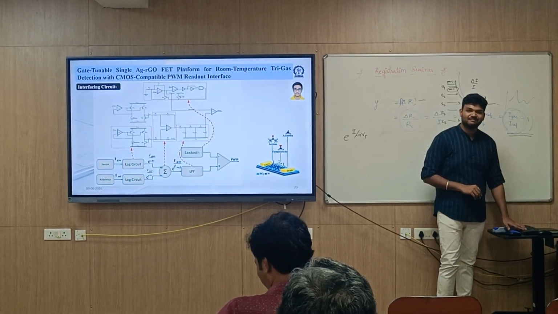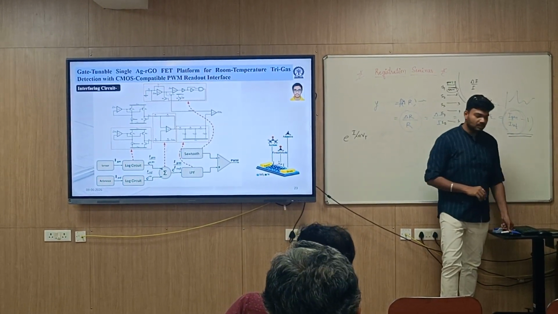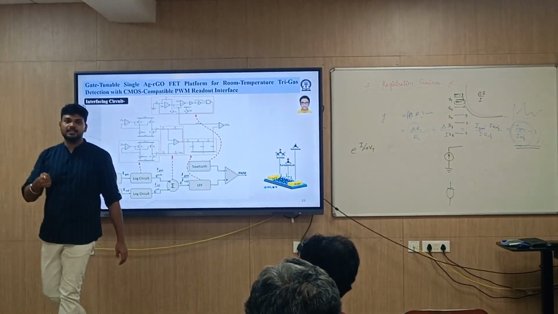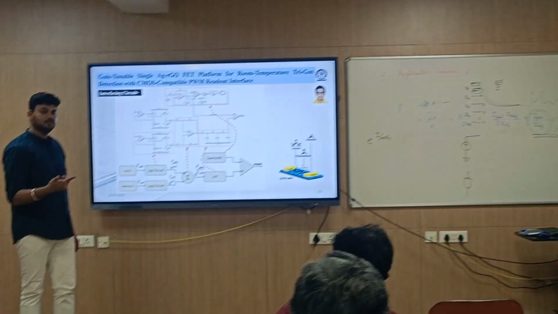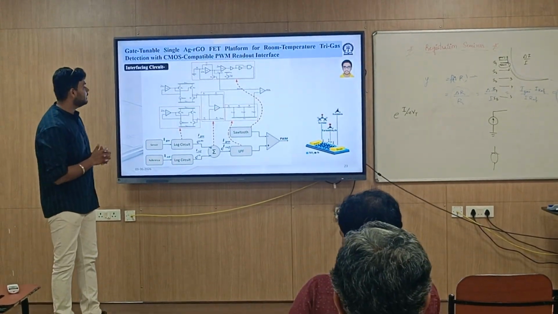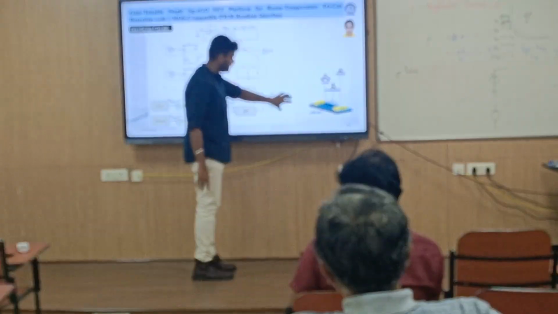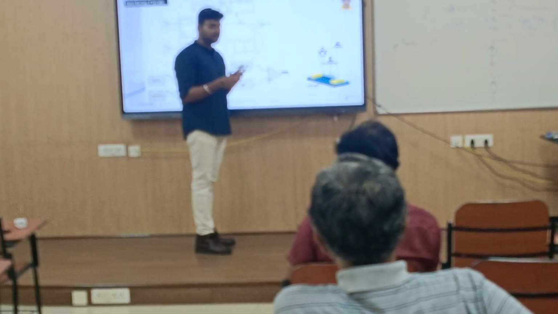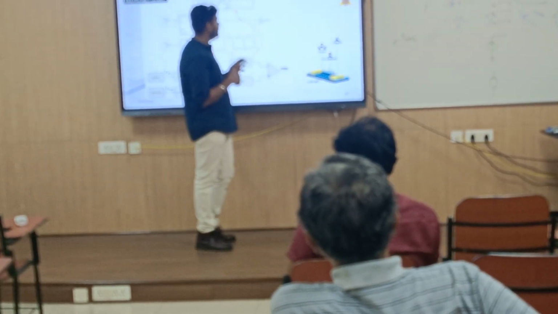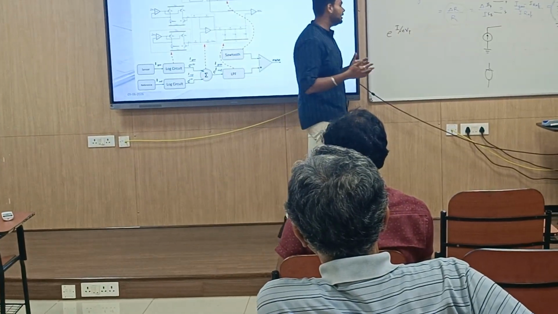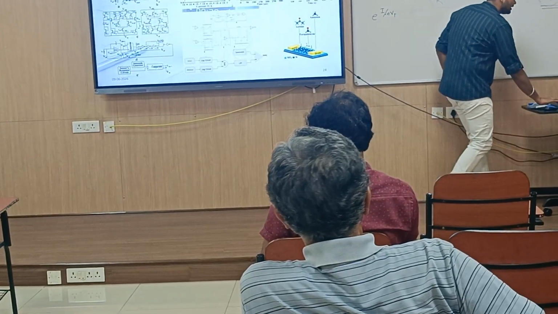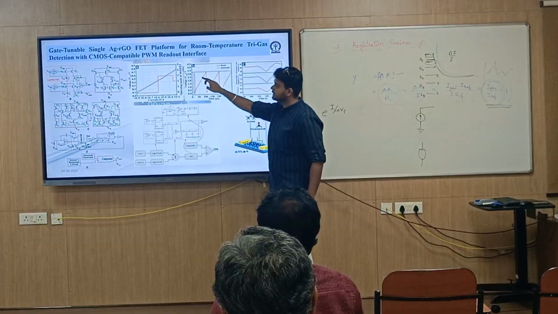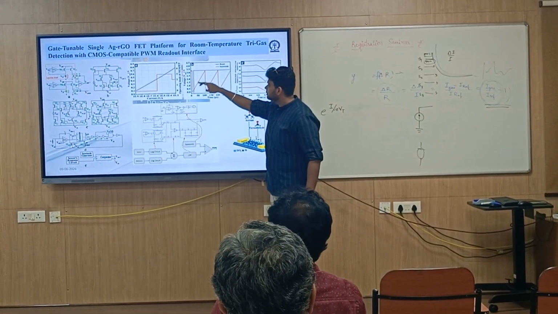What is the role of pulse width modulation here? Most microcontrollers work on digital signals, with an analog to digital converter. Pulse width modulation is a technique which prevents noise, and it's easy to handle. We are comparing with the sawtooth, checking the voltage levels.